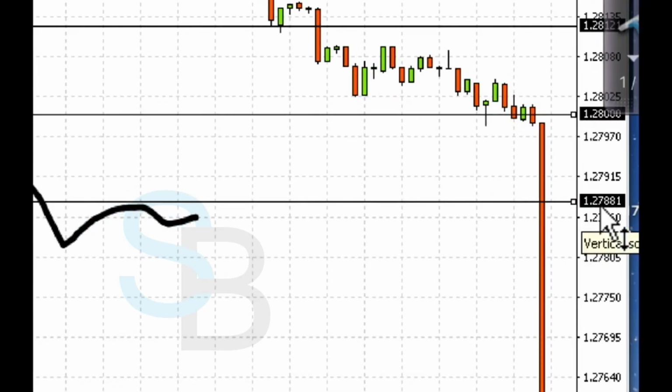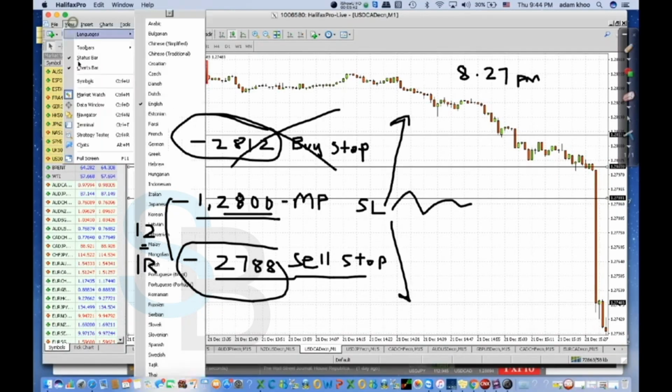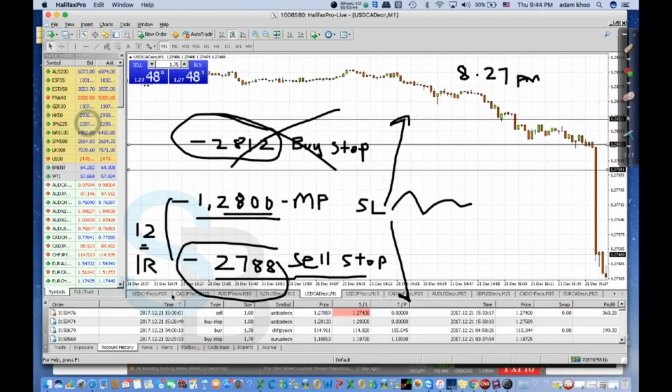Now this is a sell stop order, which means the moment it hits that price, it gets triggered into a market order. So did I sell at 2788? No. Like I said in the video, you do not always get filled at the intended entry price. Although my intended entry price was 2788, I got filled slightly lower. Let's take a look.